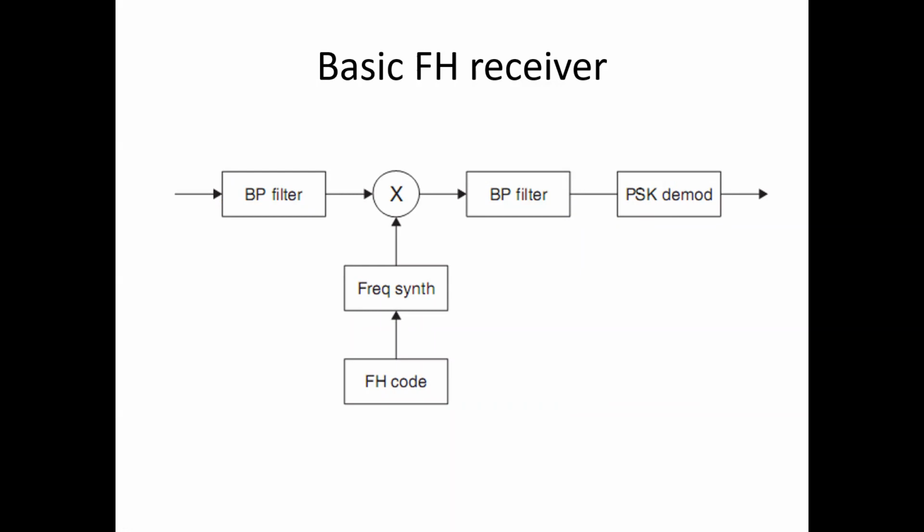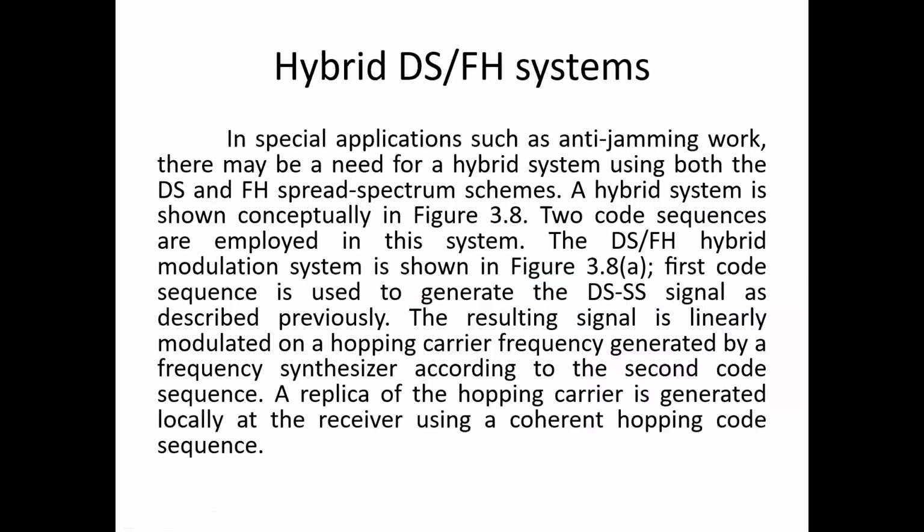I mean, at the receiving and transmitting end, we have to have the same code. First of all, we have a bandpass filter multiplied by the frequency synthesizer in order to down-convert the frequency of the incoming signal, and using a bandpass filter, and then we have a binary phase shift keying demodulator in order to what? In order to recover the original signal.